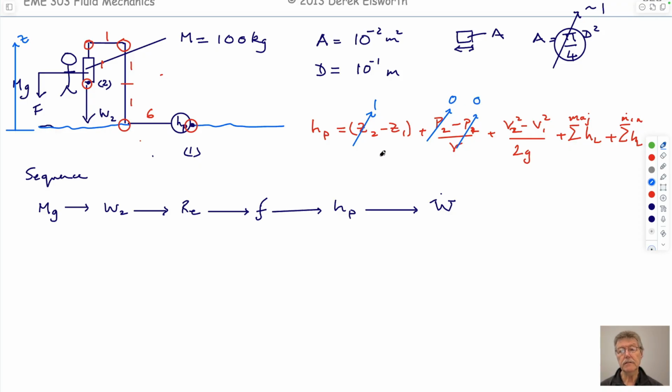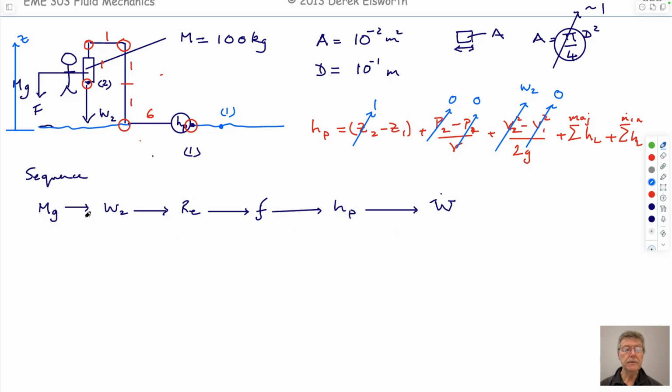And here, I guess, we could imagine that this is a big tank assumption. So V1 might be 0, if you take it, for instance, here, along a streamline. But V2 certainly isn't that. So this is what I'm going to call W2. And then we have to figure out what these things are as well.